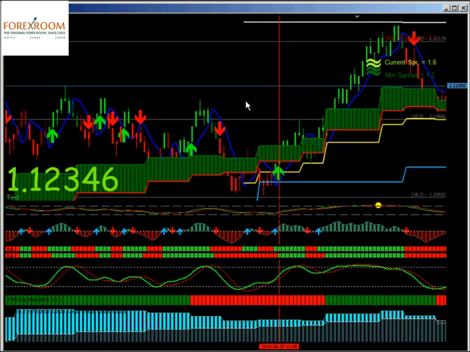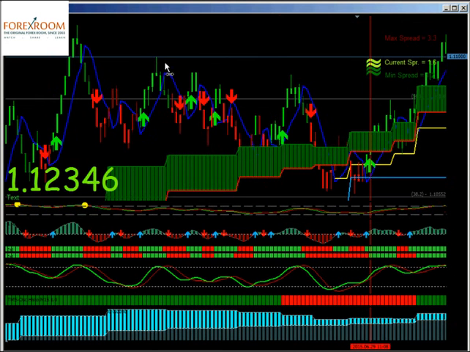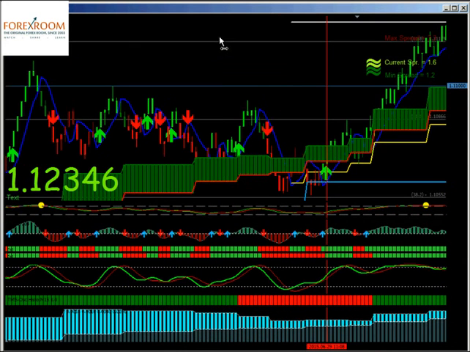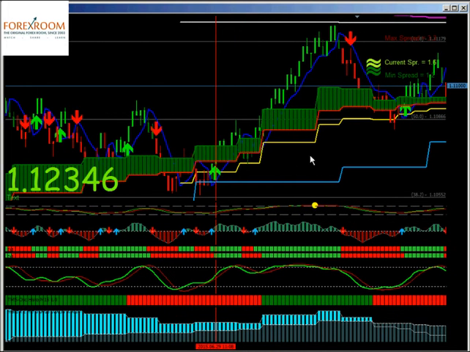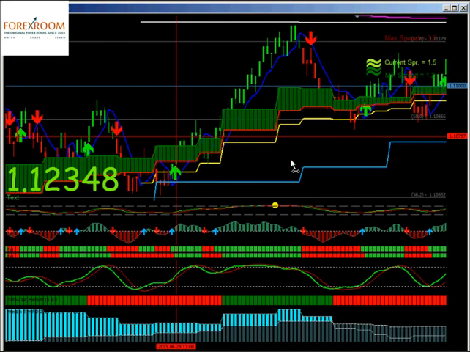The trader is very patient. He waits for the price to pull back into the bands right here and patiently watches these moving averages. Yellow, aqua, price touches them, bounces out. He waits for all the indicators to align, places a pending buy order above it, and price shoots up.